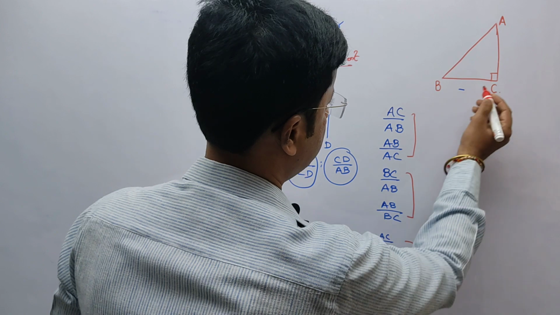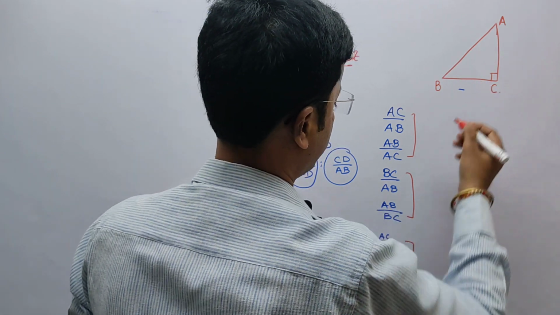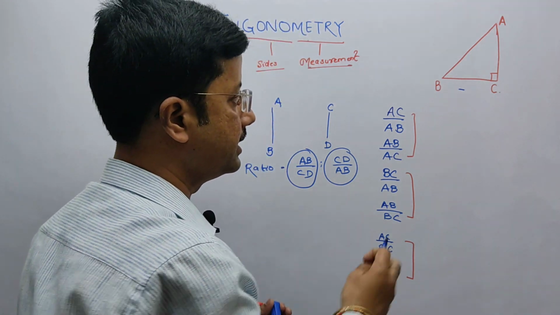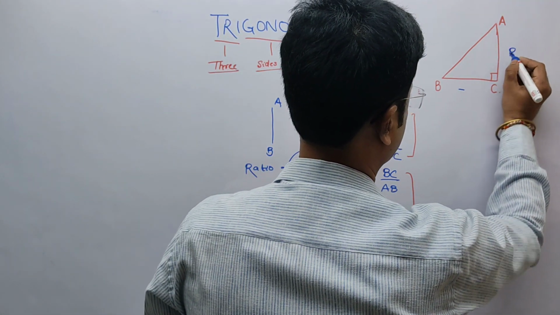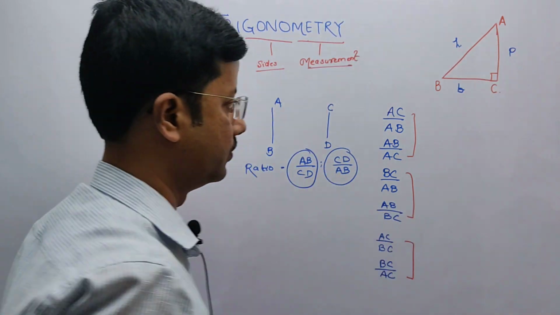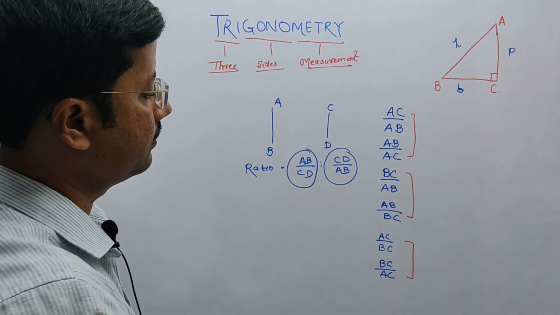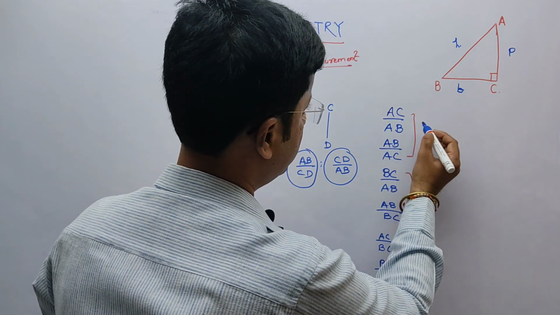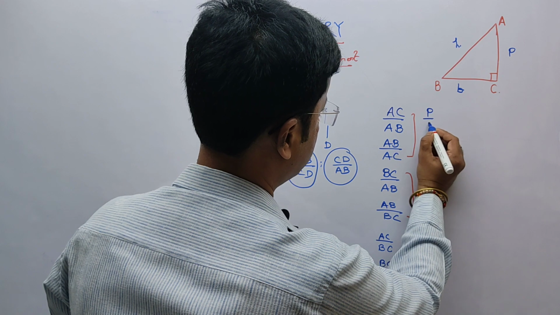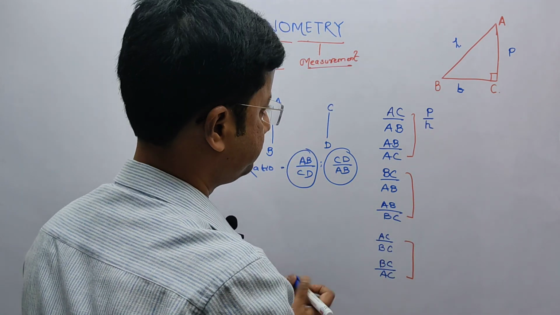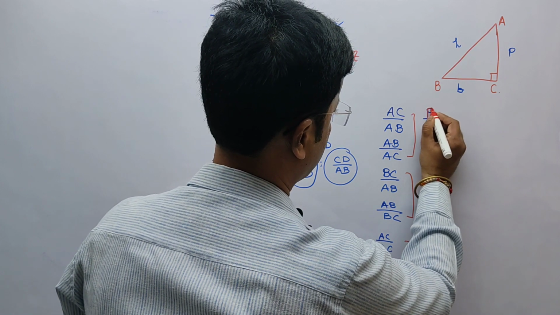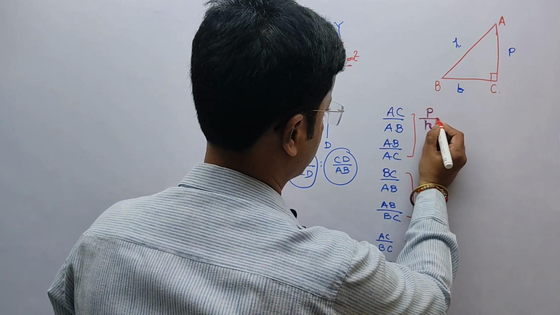Now see, in this right angle triangle we are taking this AC as perpendicular, this as base, and this is the hypotenuse. So AC upon AB, this ratio we can also write as perpendicular by hypotenuse.